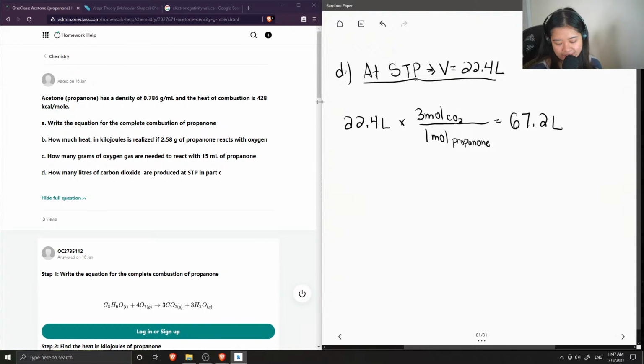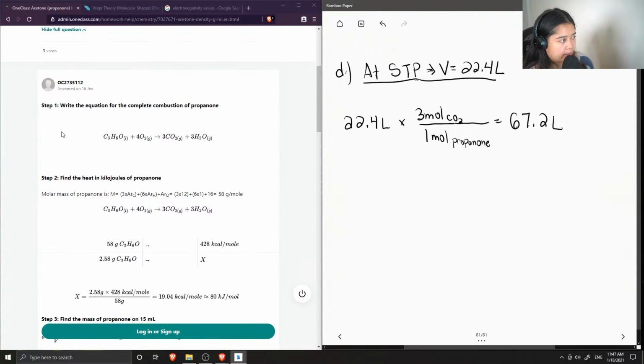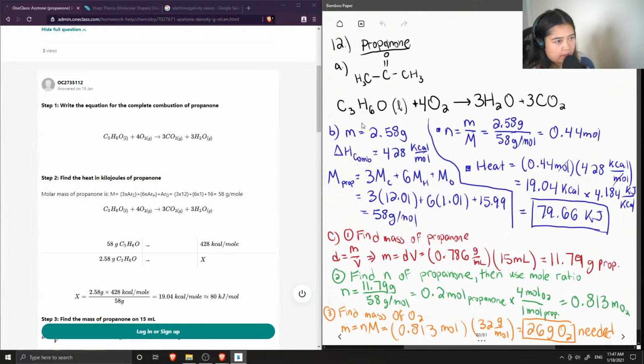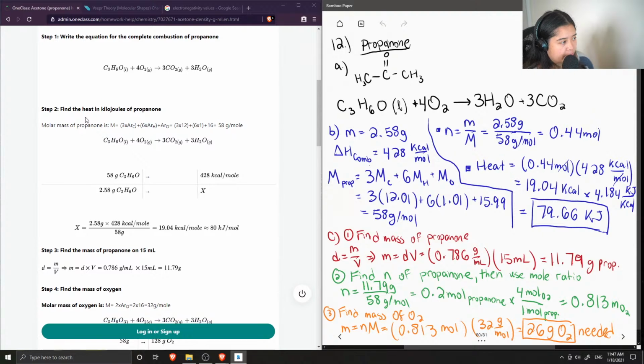Okay, so now let's see what the junior tutor said. Step 1 is to write the equation for the complete combustion of propanone. And let's go back to mine. We have C3H6O plus 4O2 makes 3CO2 plus 3H2O. Step 2 is to find the heat in kilojoules of propanone.